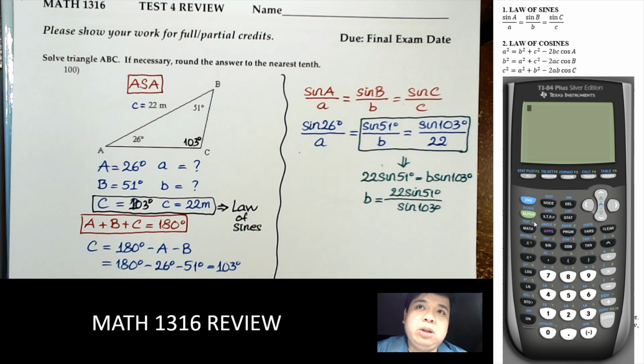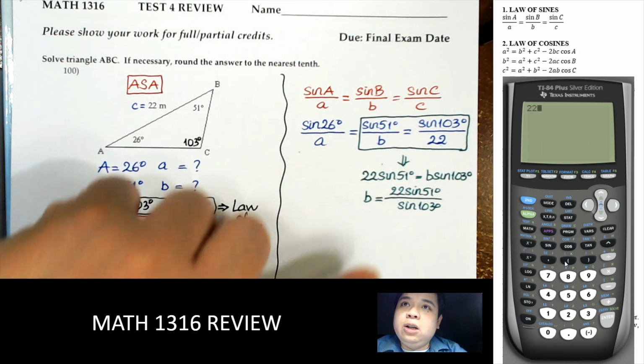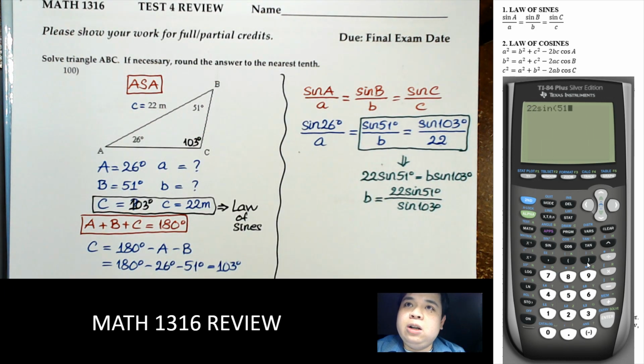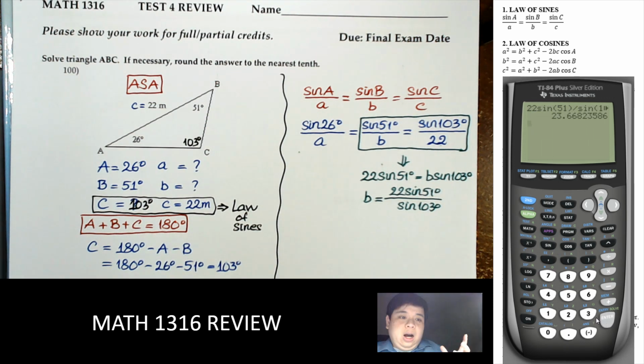So we need 22 sine of 51 divided by sine of 103. That is 23.67 or so.